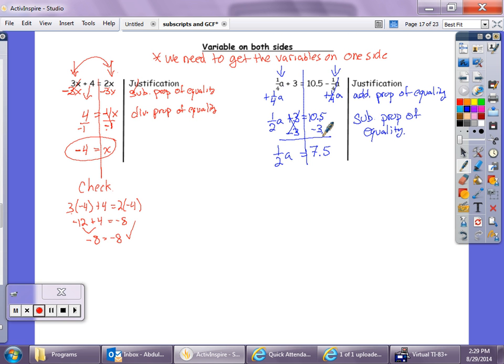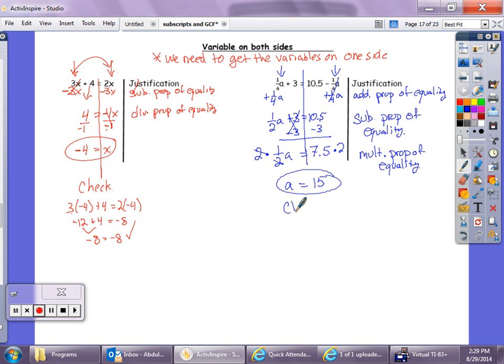And now to get a by itself, I have to get rid of that 2, that denominator. So I multiply both sides by 2. That's the multiplicative property of equality. And then we have a is equal to 7.5 times 2, which is 15.